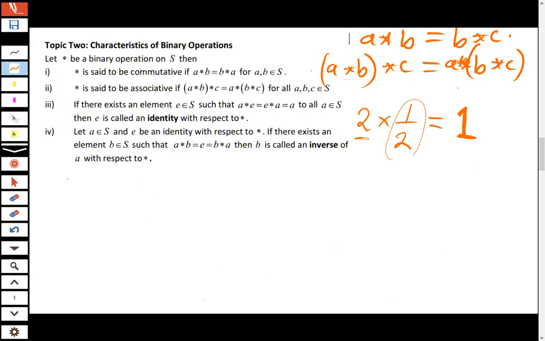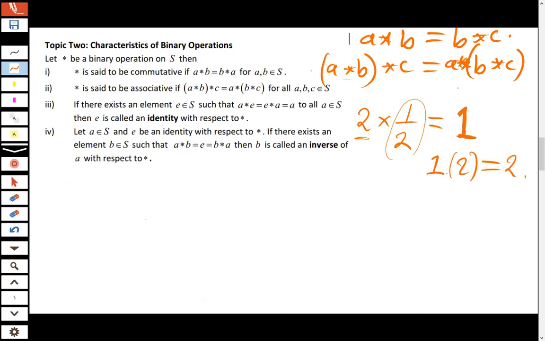Before I do this, let me also tell you that if you have the identity element, in this case the identity element is 1, then when you multiply 1 times 2, the answer you get is simply just 2.